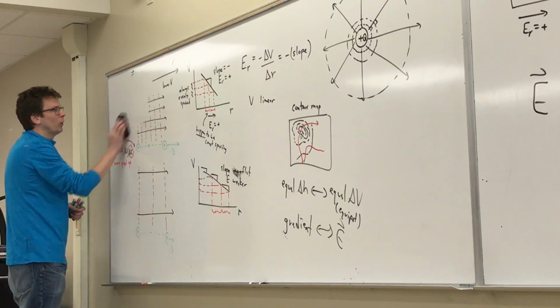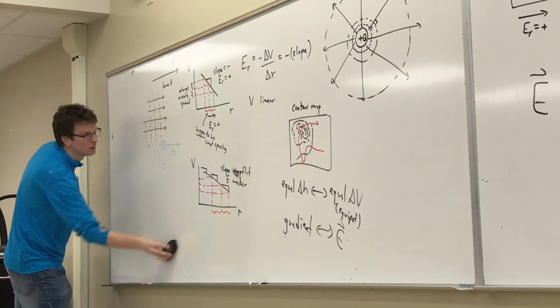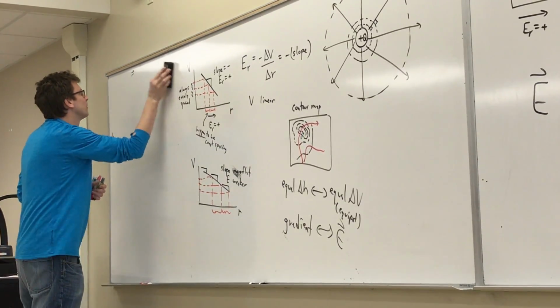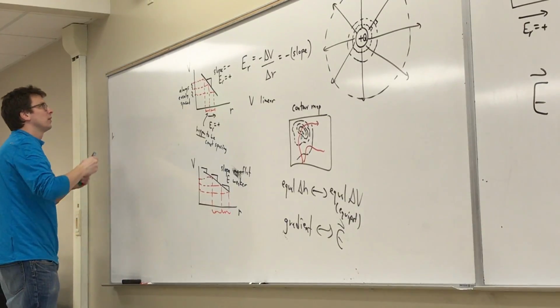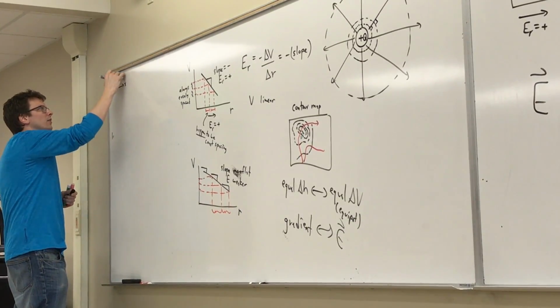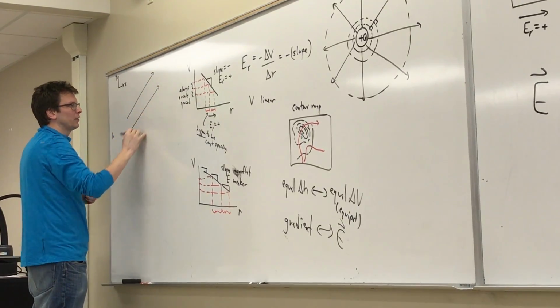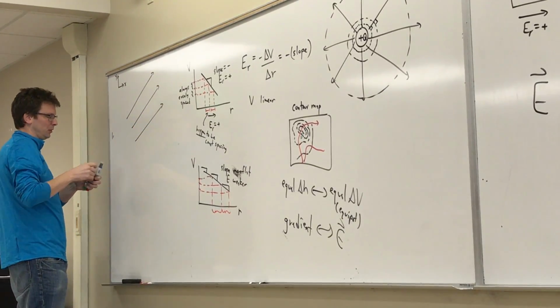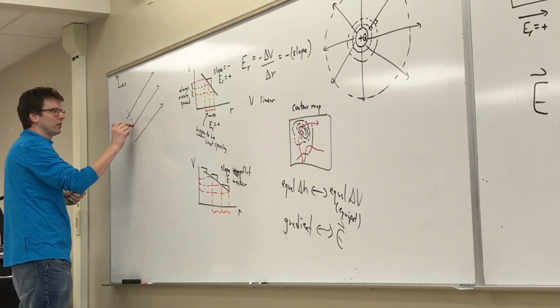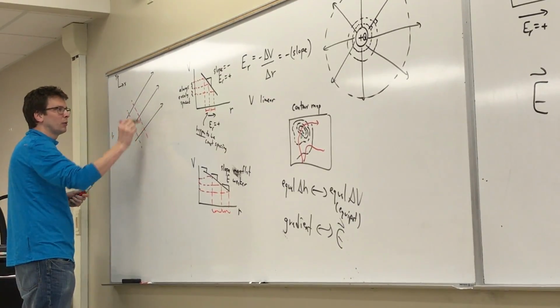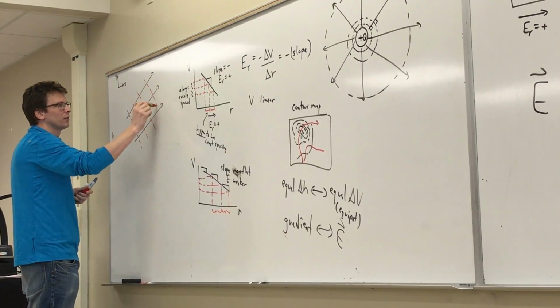So what if you had a situation like this, where your x and y axes were like this, but your field was like diagonal or something. So you guys have, I think, at least one problem on your homework like this.